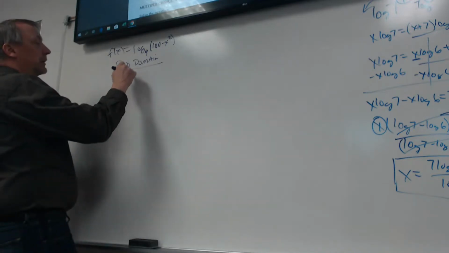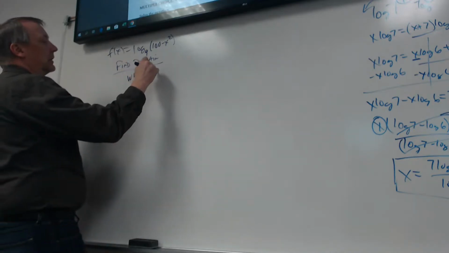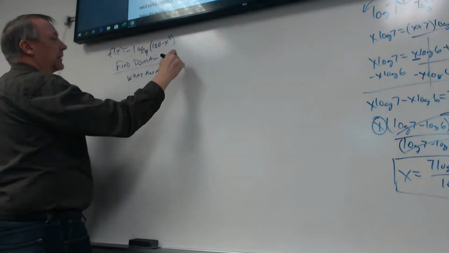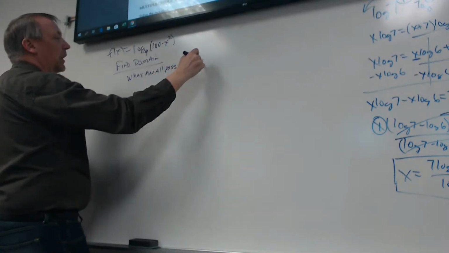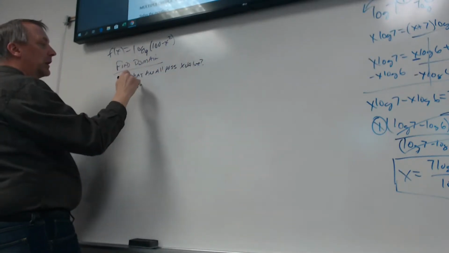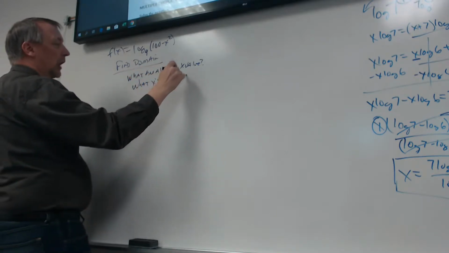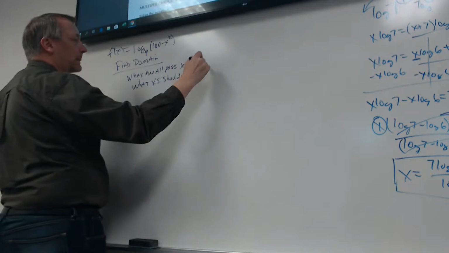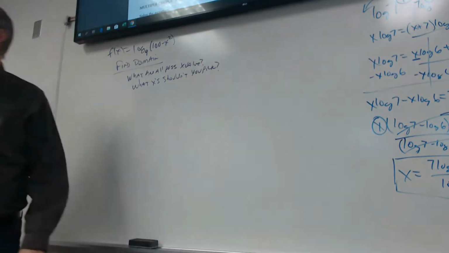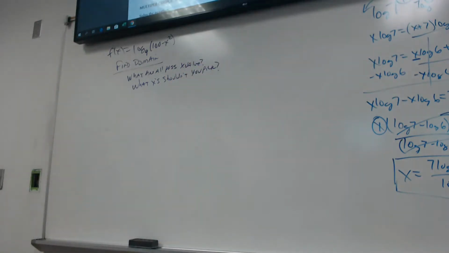So what are all possible x values? Another way to say that would be, what x's shouldn't you pick? And in fact, on this one, it might be easier to ask the second question. What are the x's you should not pick with a logarithmic function?